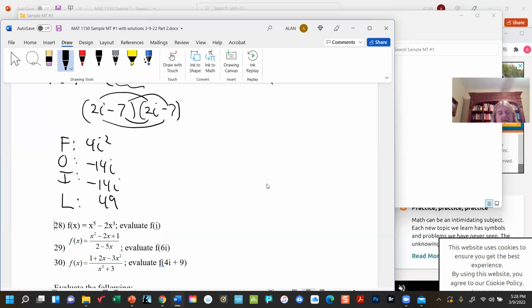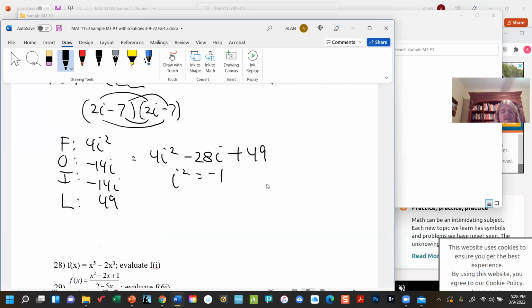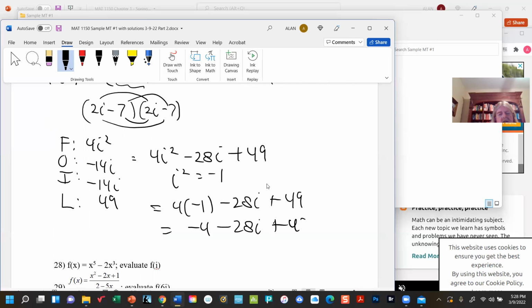So when you consolidate these, you have 4i squared minus 28i plus 49. But remember, i squared is negative 1. Which means that we have 4 times negative 1 minus 28i plus 49, which is minus 4 minus 28i plus 49. So you have minus 28i plus 45.